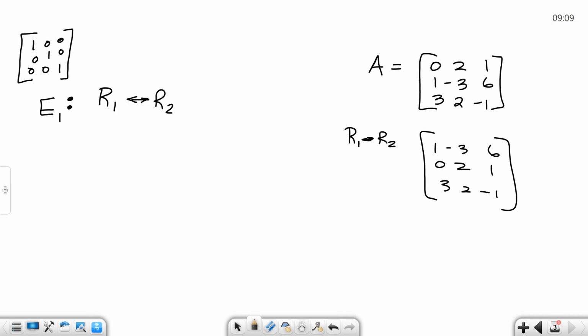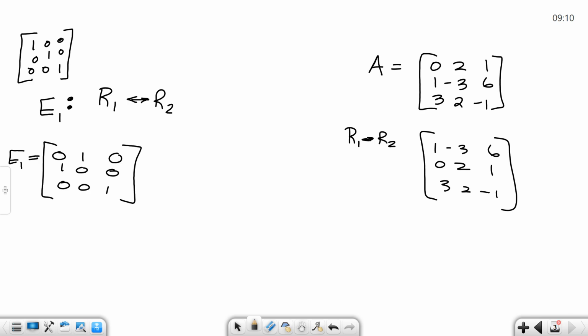Okay, so there's our I3. If I perform this E1 operation, if I interchange rows 1 and 2 of this identity, I'm going to get 0, 1, 0, 1, 0, 0, 0, 0, 1. So technically, this is the E1 matrix. I performed that operation on it. It's an elementary matrix because it's one step away from the identity.